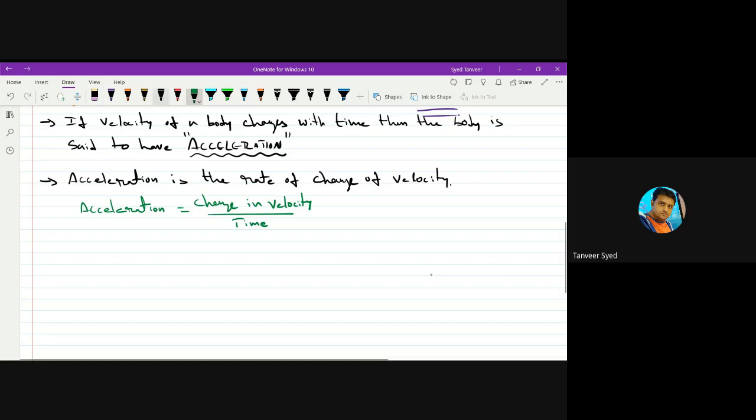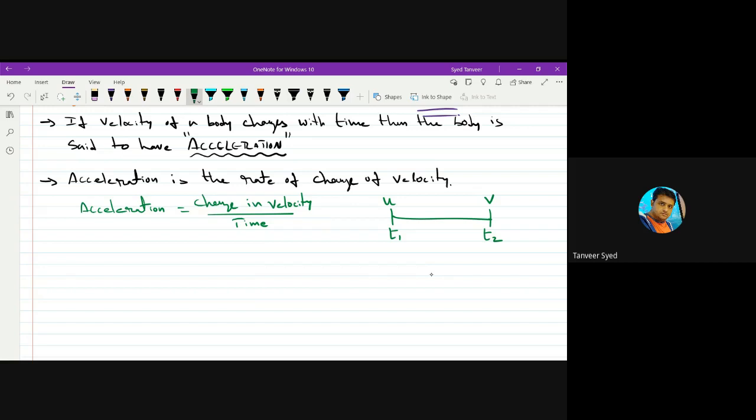To understand this, let us say a body is moving with initial velocity u at time t1, and at some time t2 its velocity becomes v. u is the initial velocity, v is the final velocity.